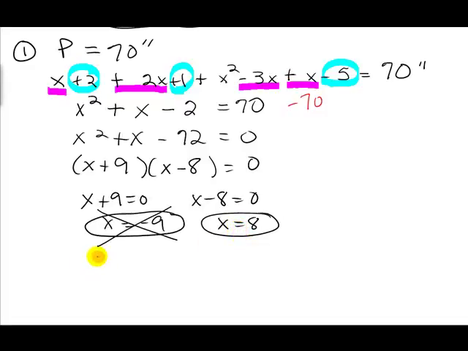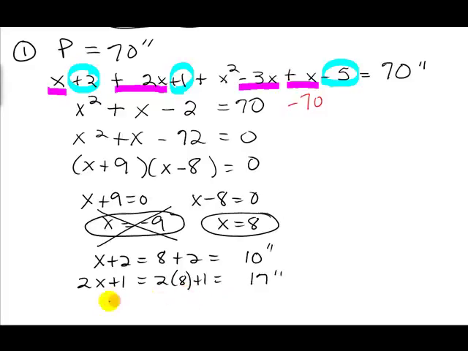So we had x plus 2, 8 plus 2 equals 10 inches. 2x plus 1 equals 2 times 8 plus 1 equals 16 plus 1, 17. We had x squared minus 3x.